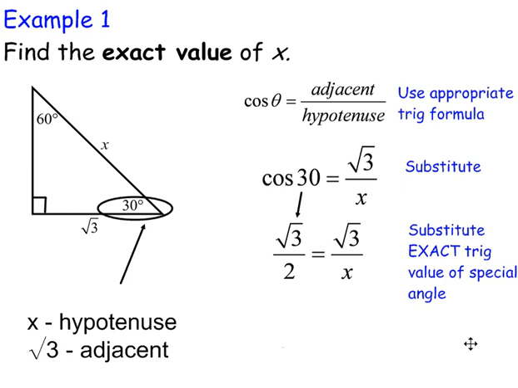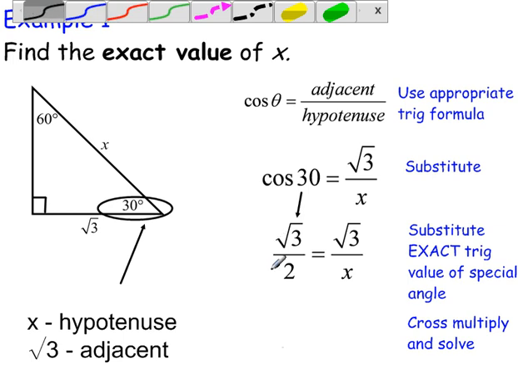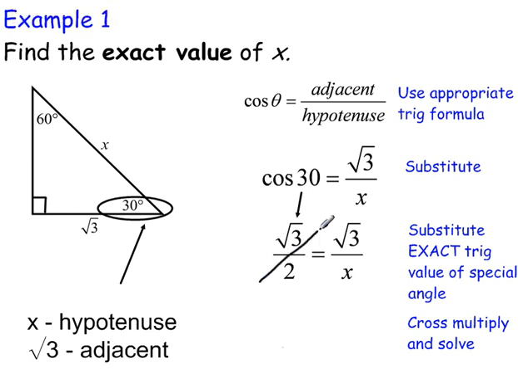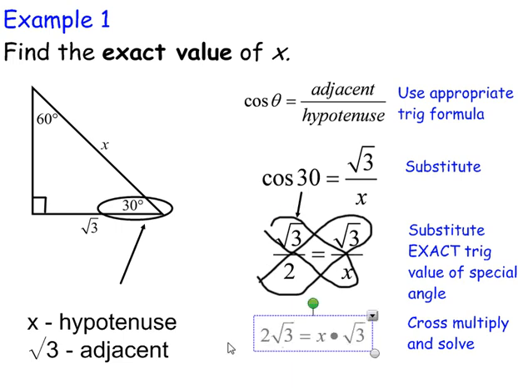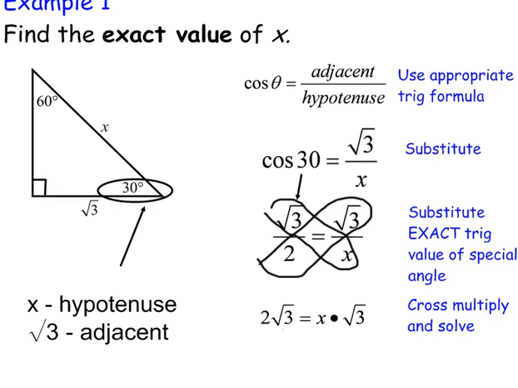Now you could cross multiply and solve. So let's do some cross multiplication. So 2 times radical 3 is 2 radical 3, and radical 3 times x is x radical 3. So I get this. Now we just have to solve for x.